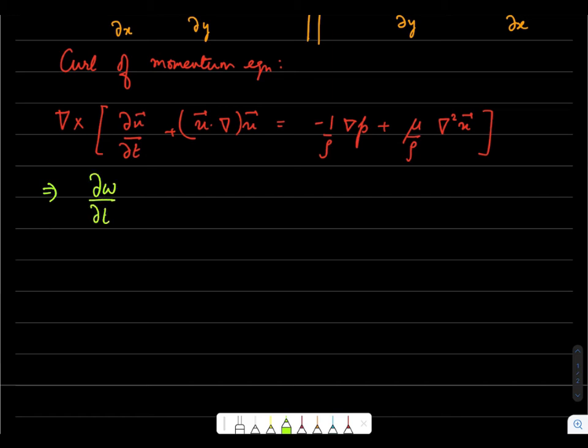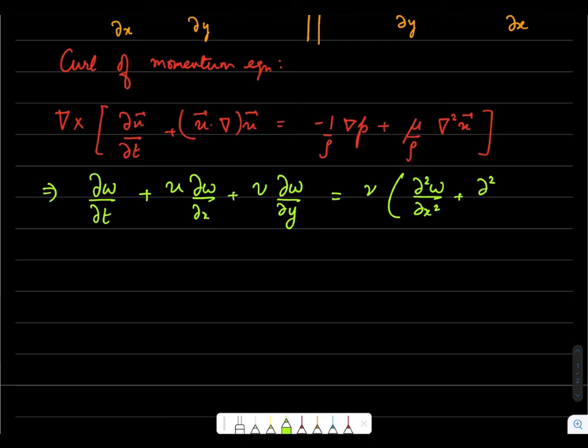We'll have d omega dt plus u d omega dx plus v d omega dy equals nu times d2 omega dx square plus d2 omega dy square.